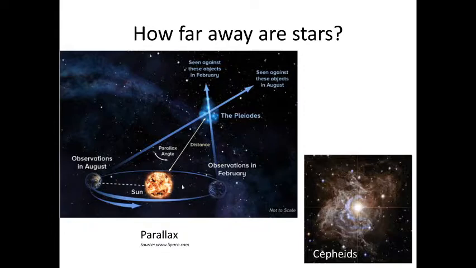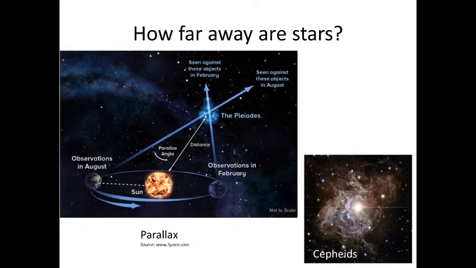So by looking at a star on one day and then waiting 6 months and looking at the star again, an astronomer could see a slight difference in the viewing angle for that star. With a little trigonometry, a little math, the different angles could yield a distance for you.